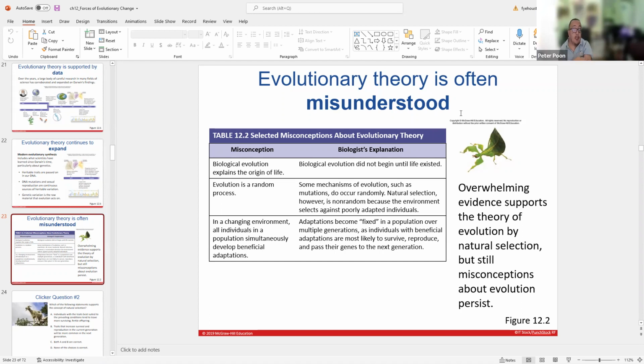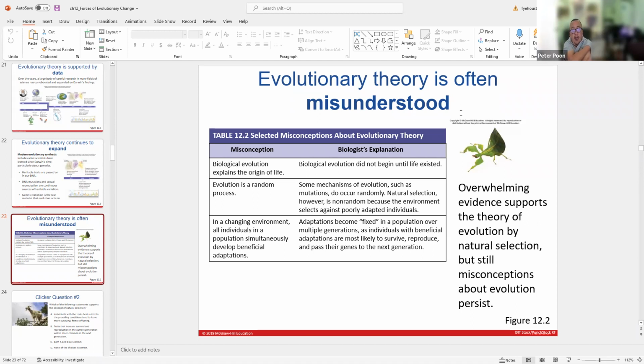Evolution is a random process? Evolution is anything but random. There are certain things that are semi-random, like mutations, but natural selection is definitely not random. In a changing environment, all individuals in the population simultaneously change?